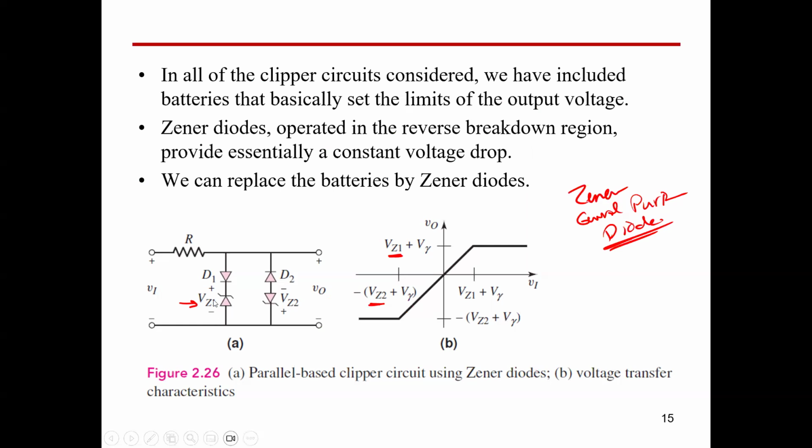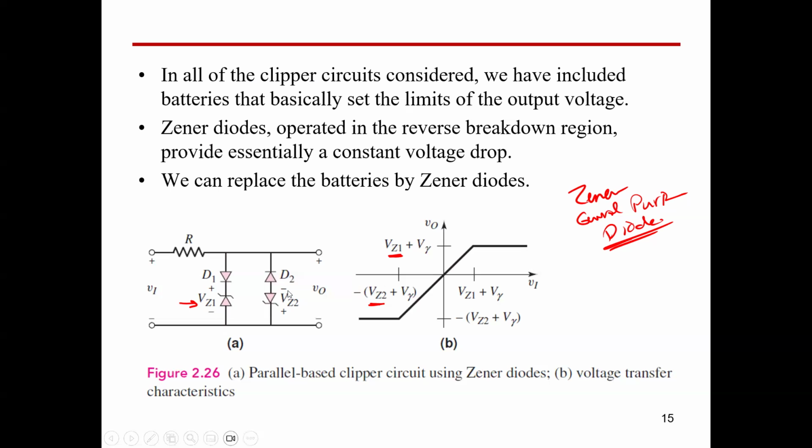Why? It's opposite polarity compared to the plus minus of the battery, because again, you know that the Zener volt is a reverse volt in the diode characteristic.